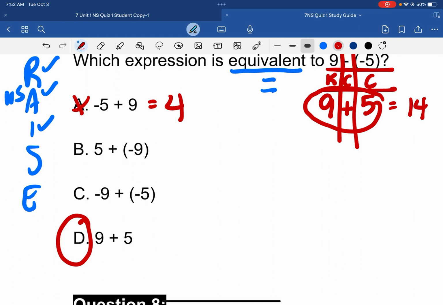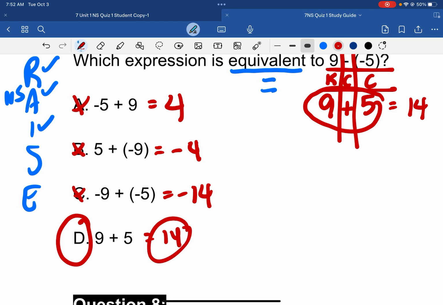Choice B, 5 plus negative 9, will give you negative 4, which is also not what we're looking for. C, negative 9 plus negative 5, will give you negative 14. And that is not the same as choice D, which is 9 plus 5, which is equal to 14, which is exactly what we are looking for.